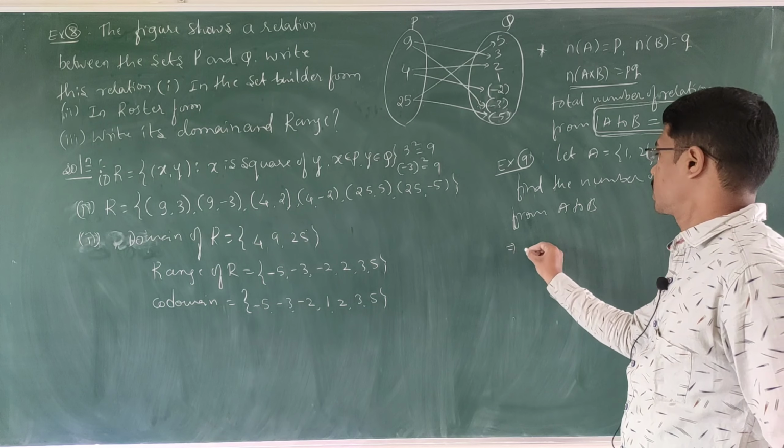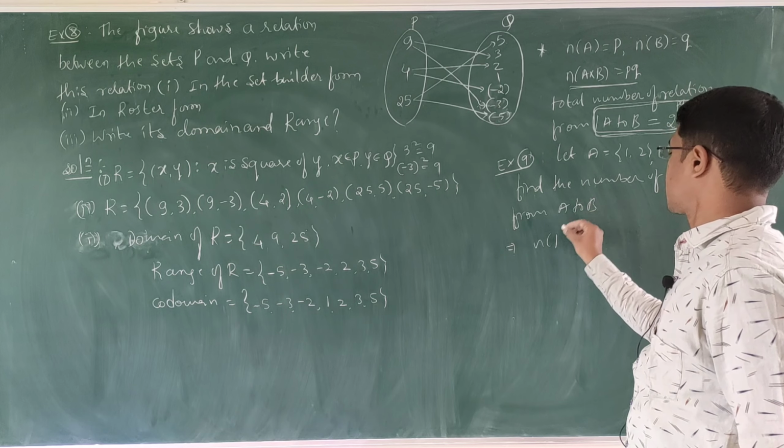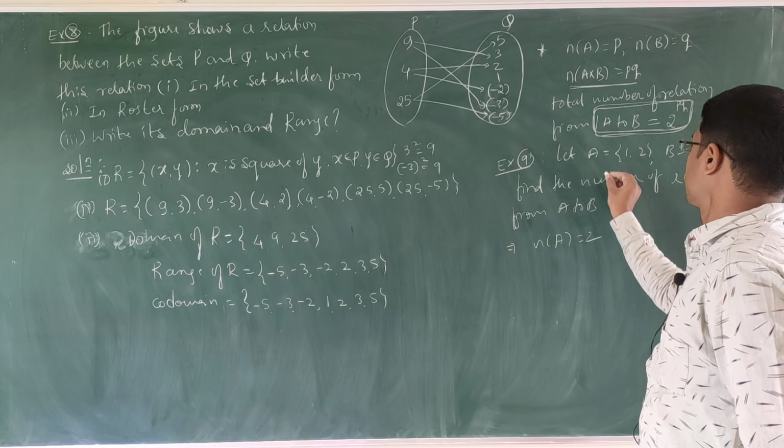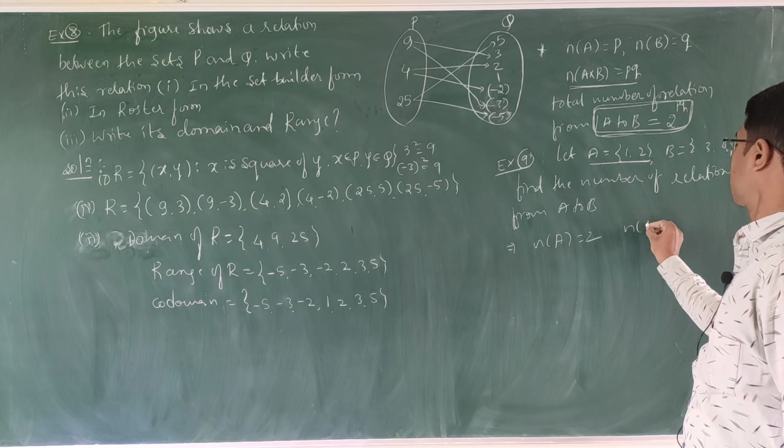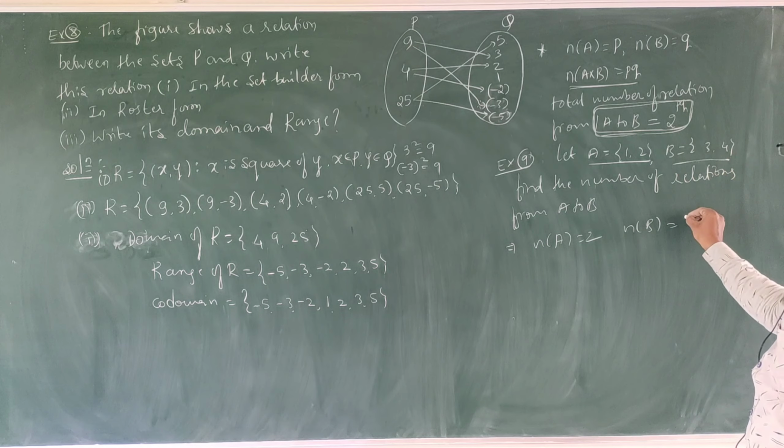See, the number of elements in set A is 2. The number of elements in set B is again 2.